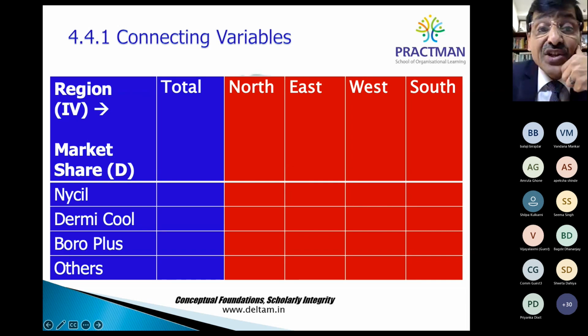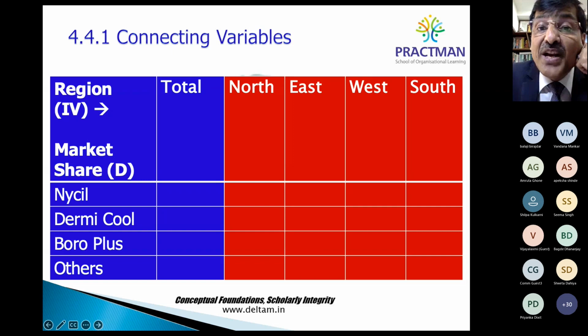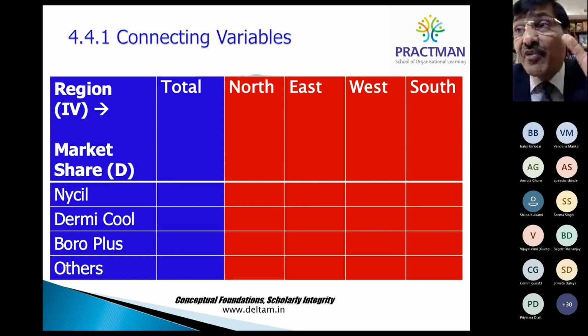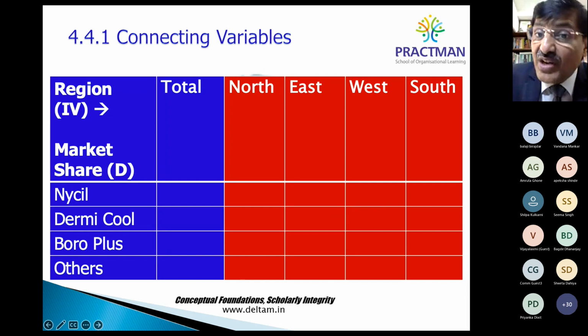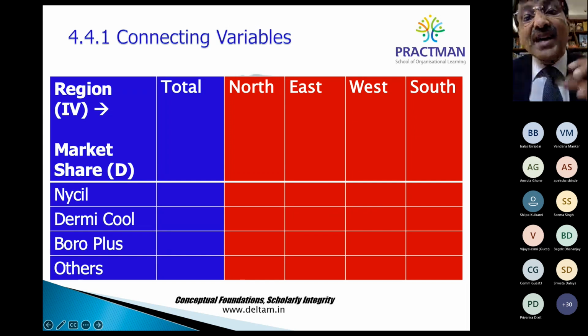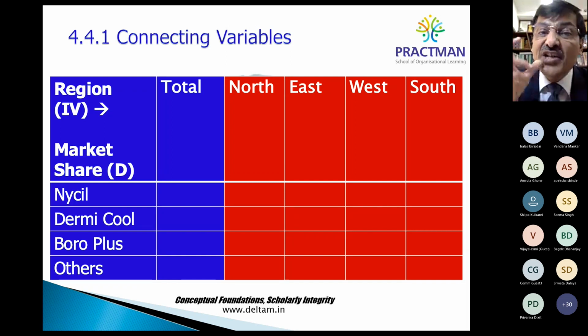Instead of looking at market share in totality of Nycil, Dermicool, Boroplus and other brands, if I break it down by independent variables, or to make it simple, influencing variables, then I can check whether there is a significant difference between the market share in north and south, east and west and all that. That means with this kind of table, I can understand whether the regions influence the market share.